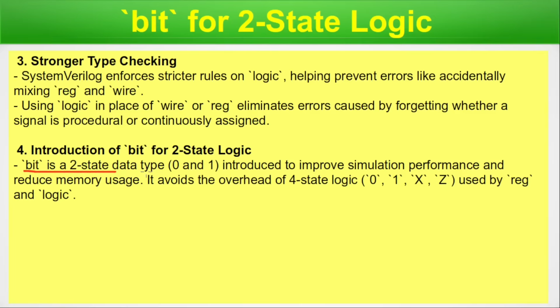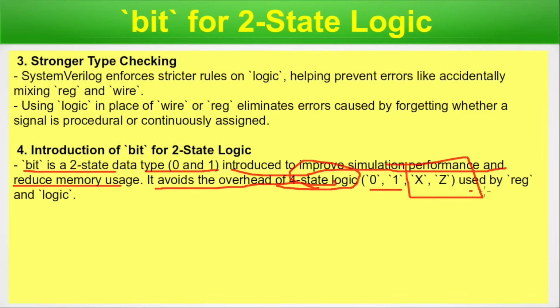Bit is a two-state data type, that is 0 and 1. These two can be there only. It was introduced to improve simulation performance and reduce memory usage. It avoids the worry of 4-state logic, like 0, 1, and in addition X and Z, used by reg and logic. So bit gives you more flexibility with either 0 or 1.